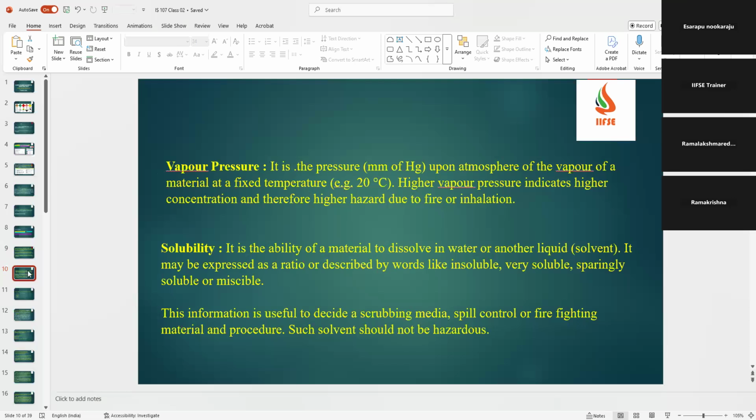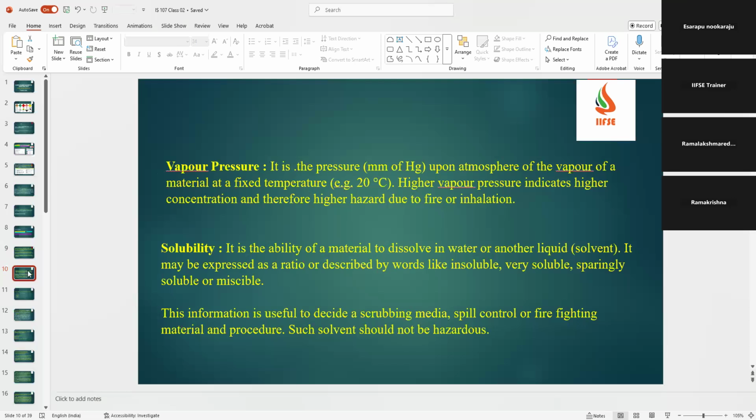For example, if you take one glass of water, it can dissolve four or five spoons of sugar.